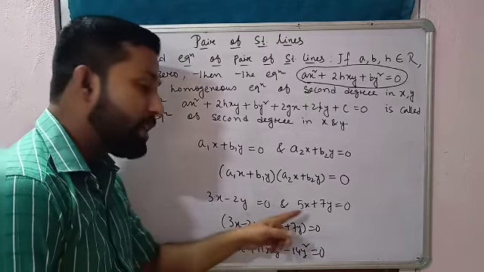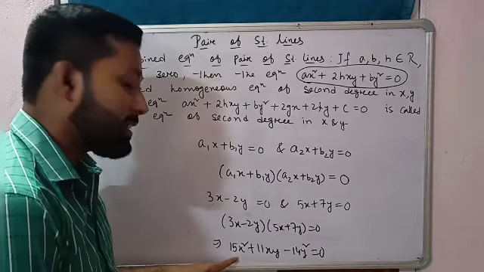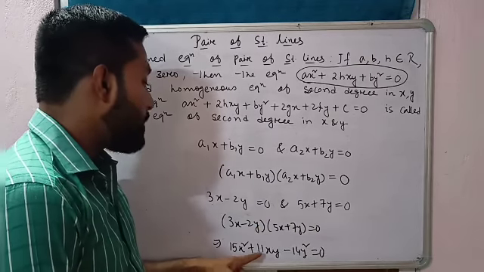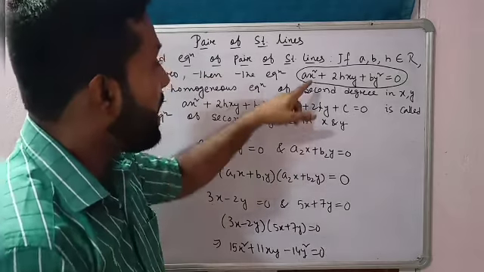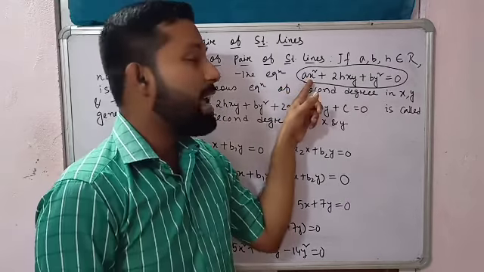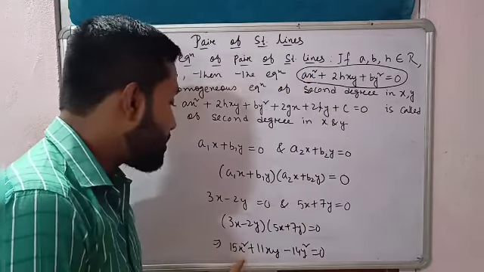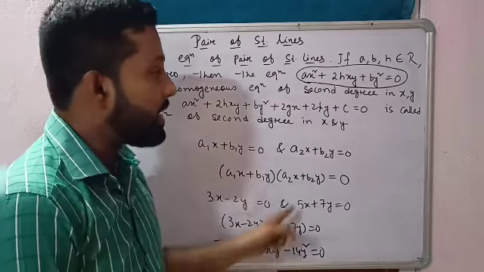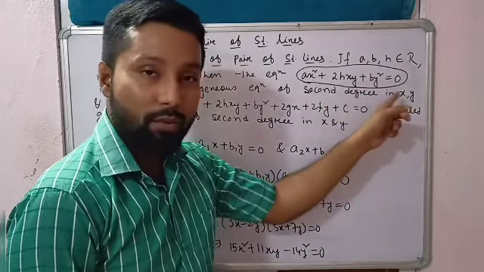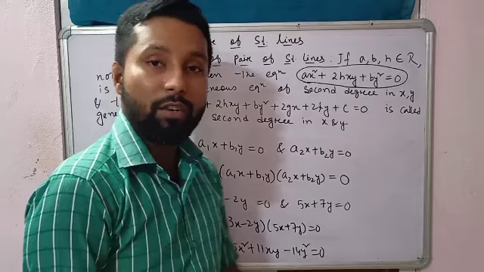If I combine these two linear equations, then see what will be the result. 15x square plus 11xy minus 14y square equal to 0. Now you look at the definition. ax square is 15x square, 2hxy is 11xy, by square is minus 14y square, equal to 0.